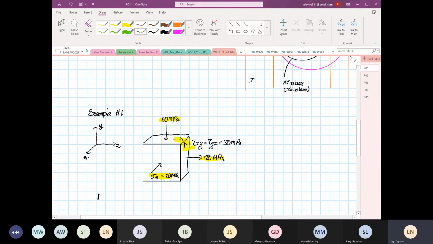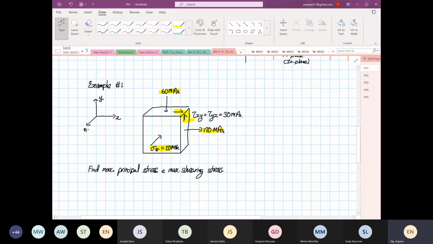We would like to find the principal stresses, the maximum principal stress, and the maximum shearing stress. So we know that stress X is given to be 120 positive.